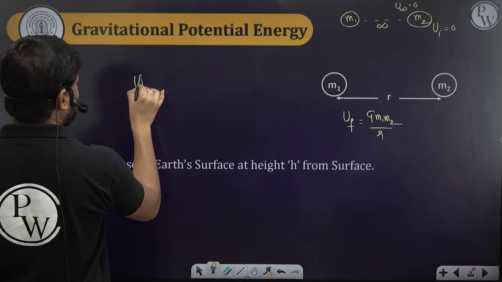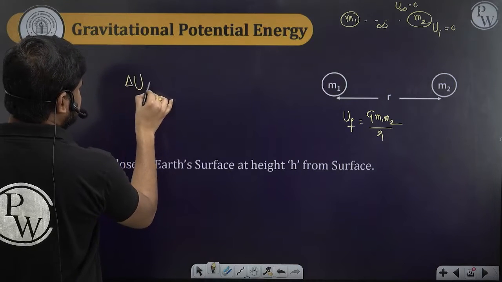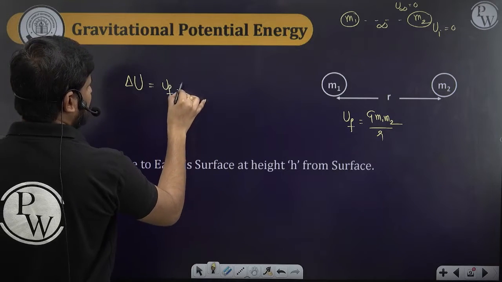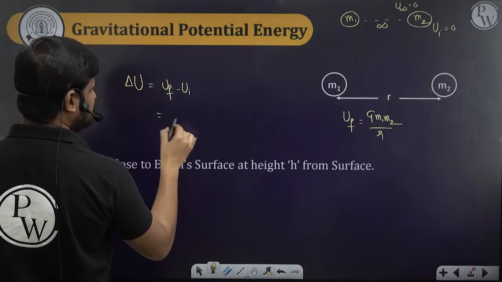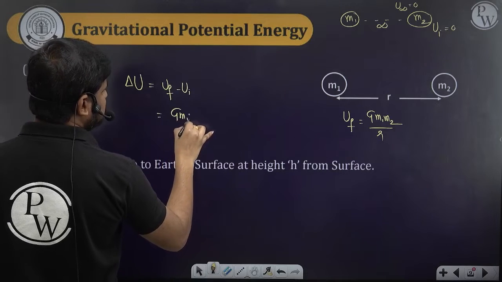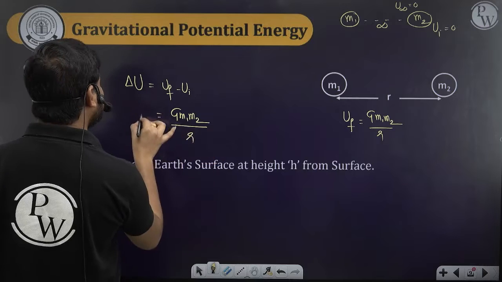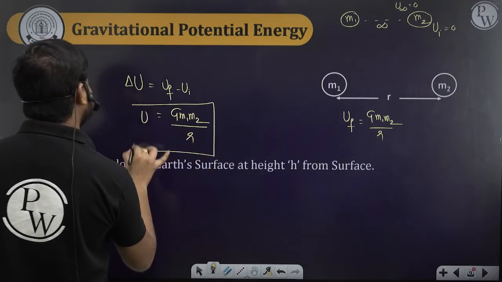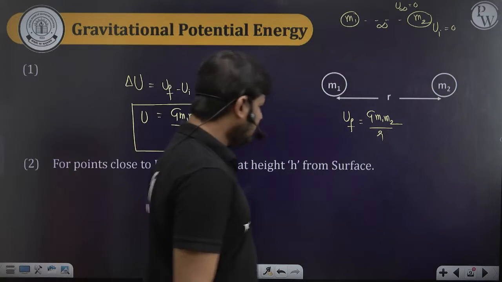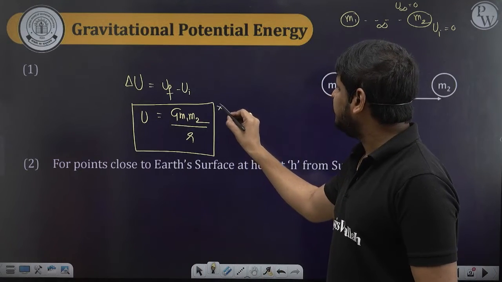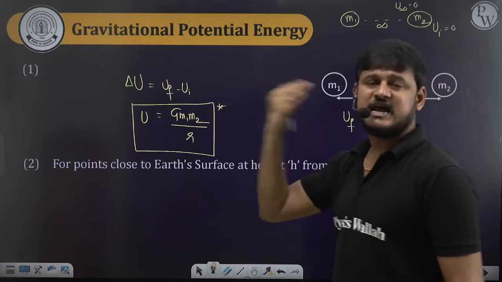So the change in potential energy is U final minus U initial, and since U initial is 0, the U final itself is the change in potential energy, which we can also write as the potential energy at that point. Clear, guys? We'll learn this in detail in the gravitation chapter as well.